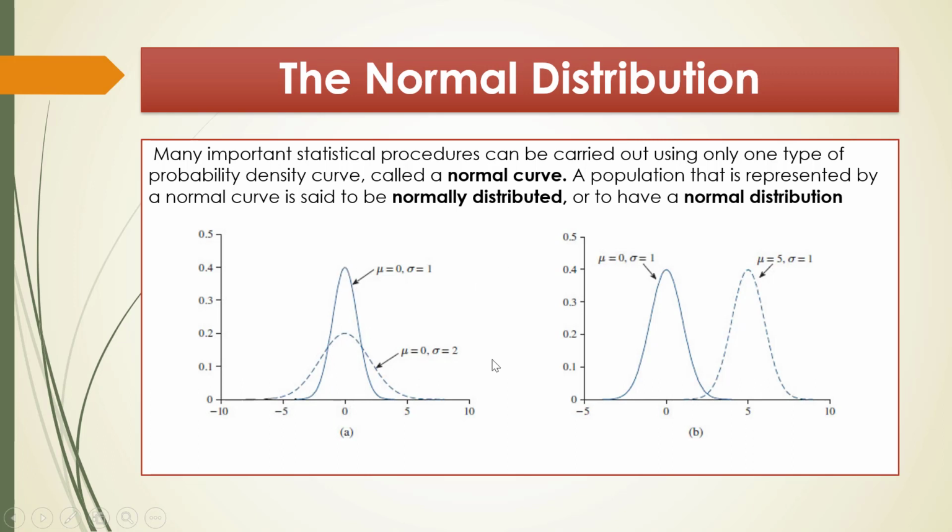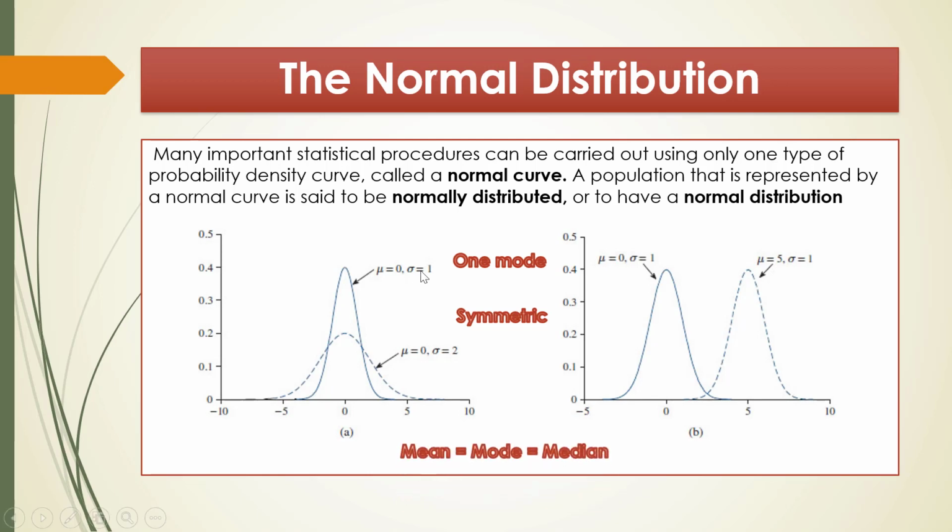So there are certain properties that make the normal curve stand out from a general density curve. The first property is that a normal curve should have a unique mode. That means exactly one mode, one peak, only one peak. The second property is that it should be symmetric.